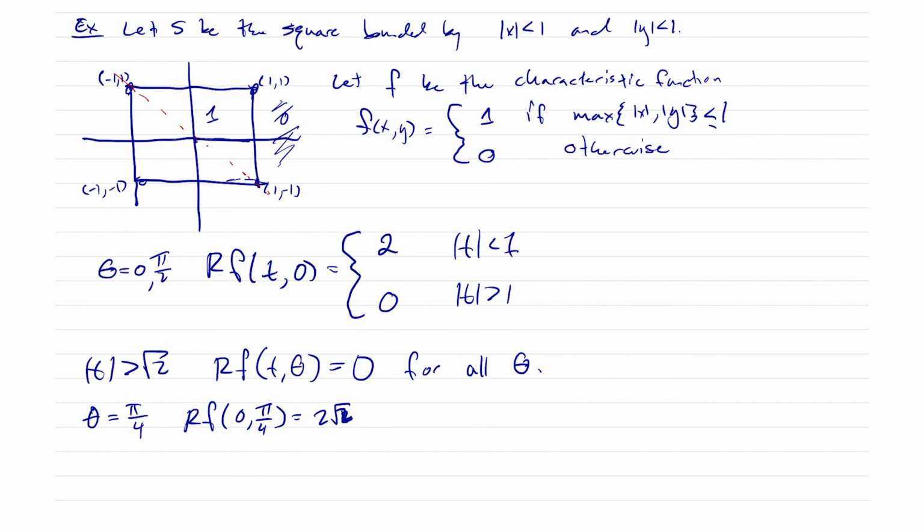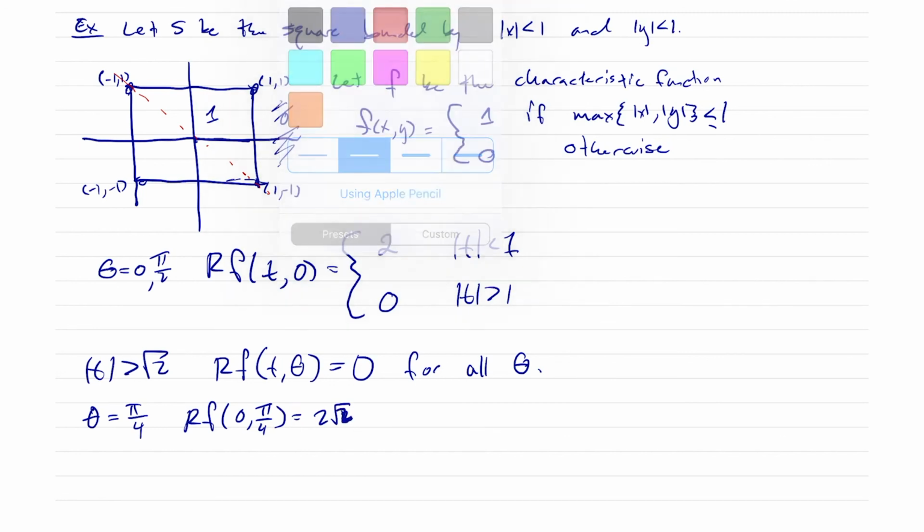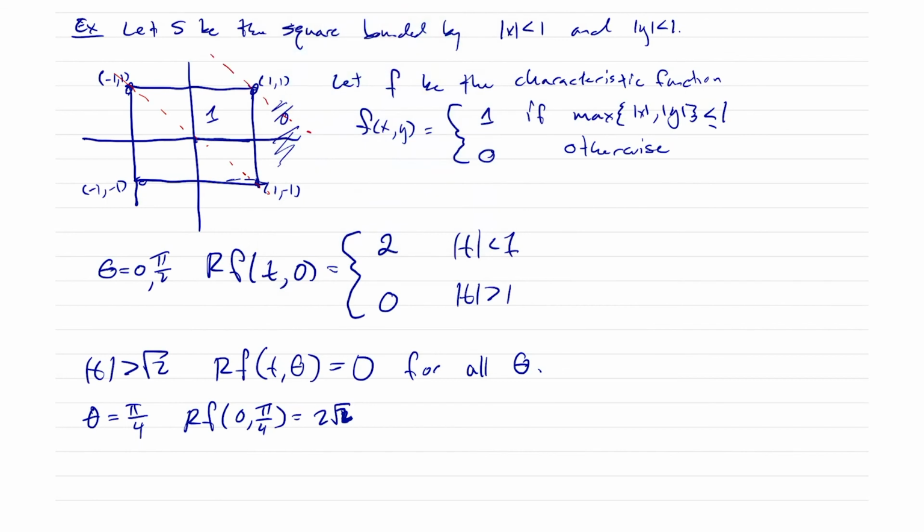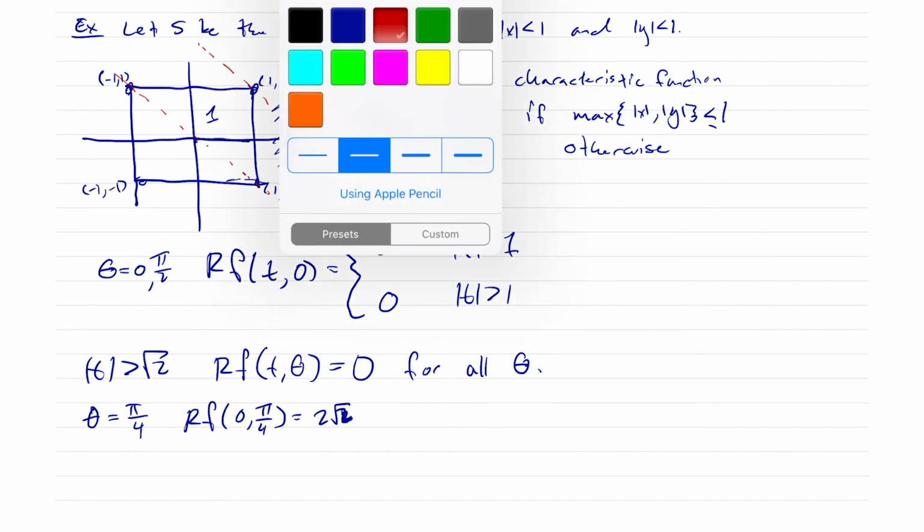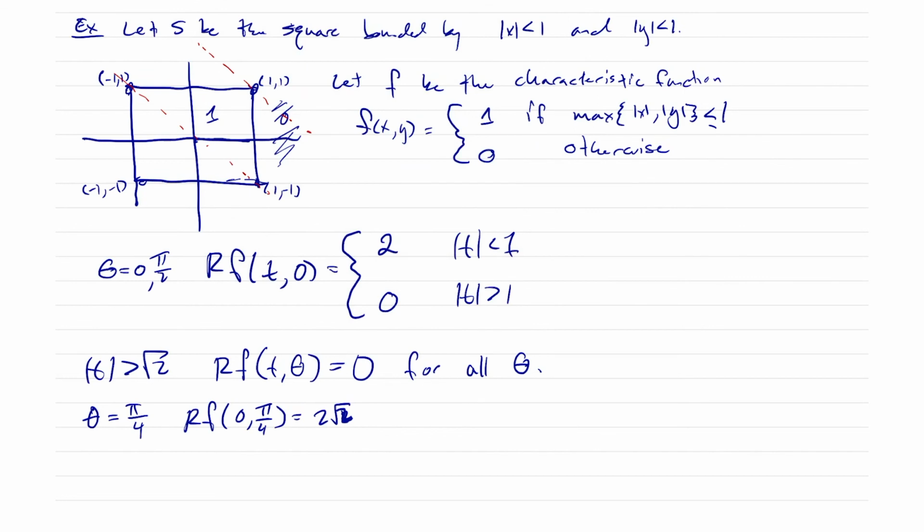And if we take a look at t equals root 2, Rf of (root 2, pi over 4) is just going to be 0, because it's only going to cross that one point. And otherwise, it decreases linearly.